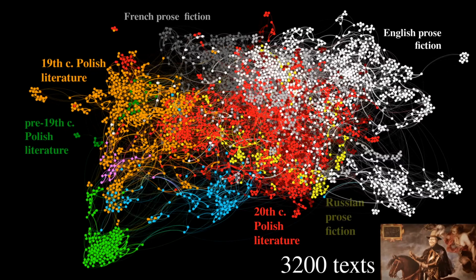But there's more. There is Russian prose fiction, which, although some of its parts are situated a little away from the main body of Polish literature, there are at least two strands of Russian literature which mingle fairly freely with Polish literature, much more than do translations from French and translations from the English.